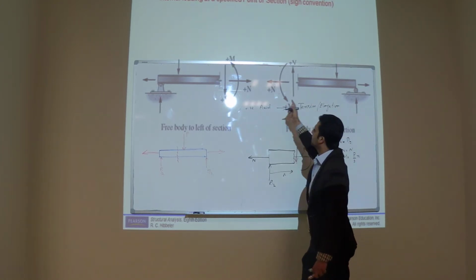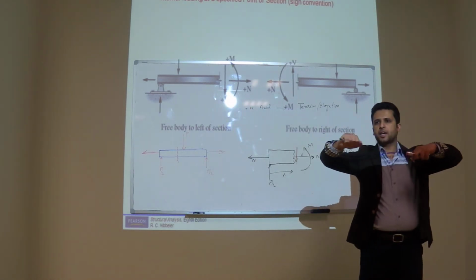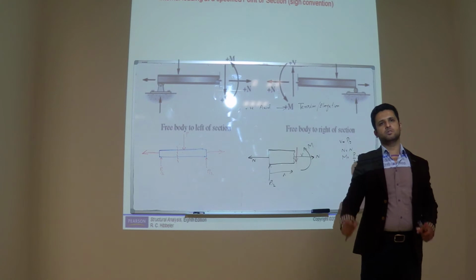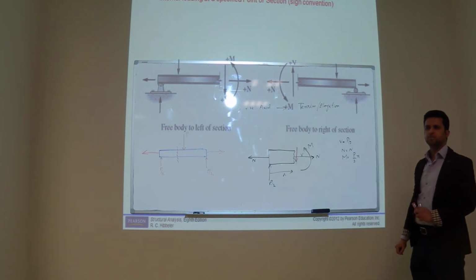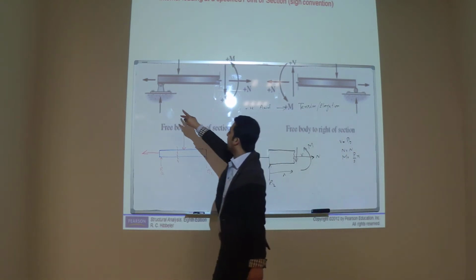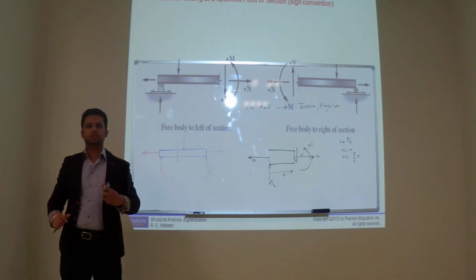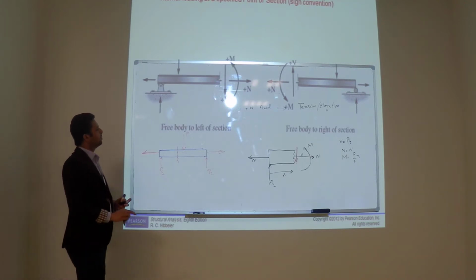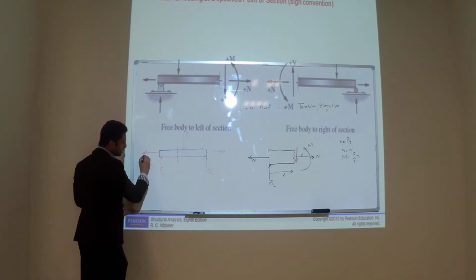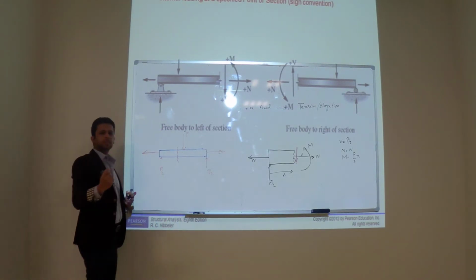In this case the axial force is N. Any axial force which tries to elongate the beam is positive. Any normal force, axial force, which tries to elongate the beam is known as positive. And if you apply a force this way, it will be negative.